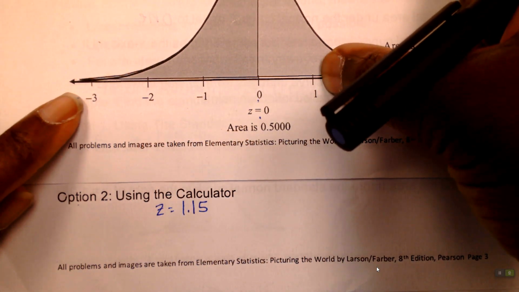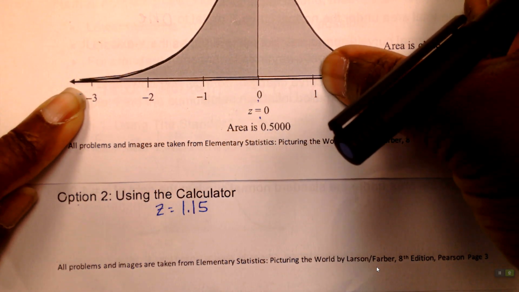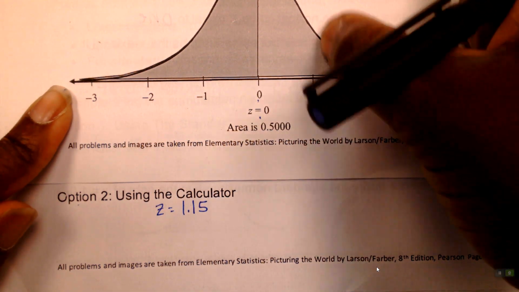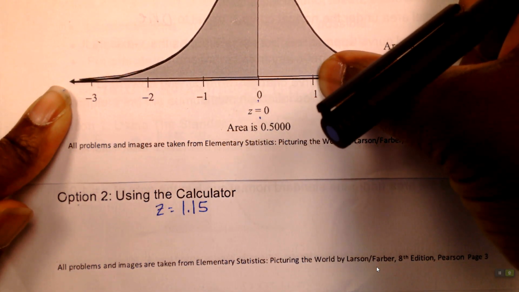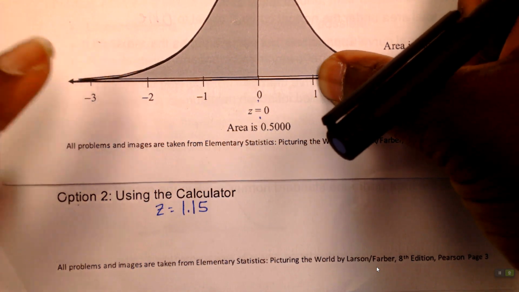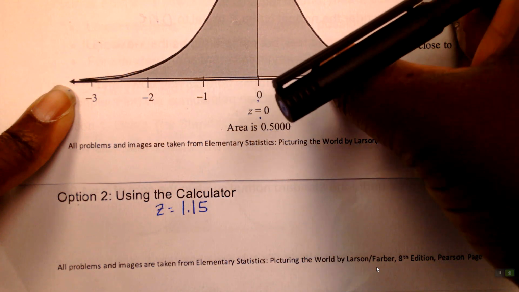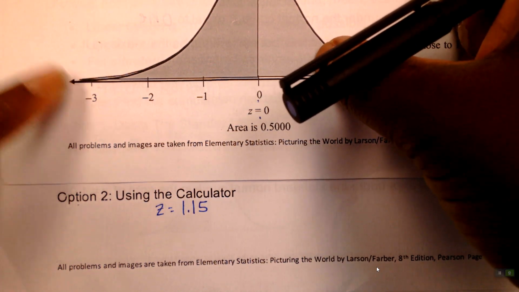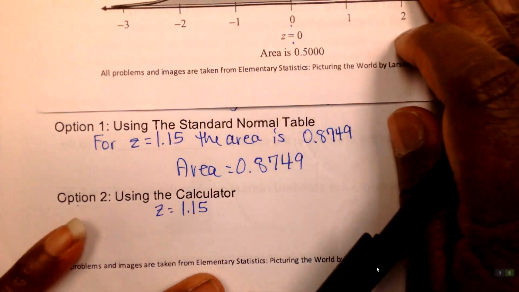That means I need my calculator to start at negative 10,000 because I don't have a starting point, but it did tell me to stop at 1.15. Cumulative means start here and stop wherever it tells you to stop. So negative 10,000 to 1.15. We need to calculate all that probability.